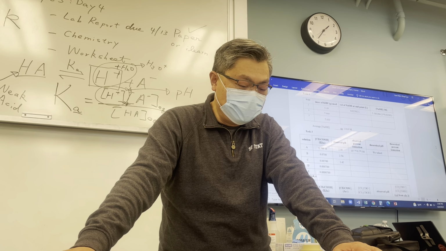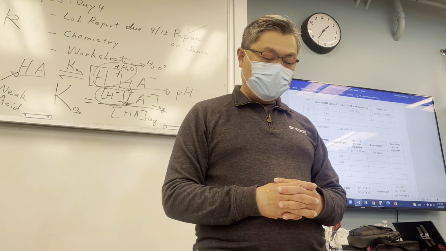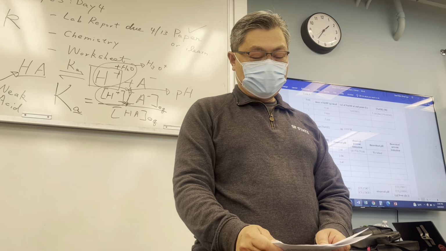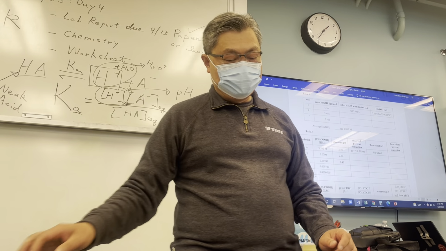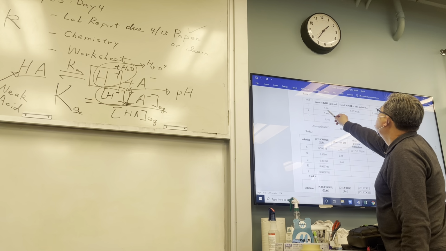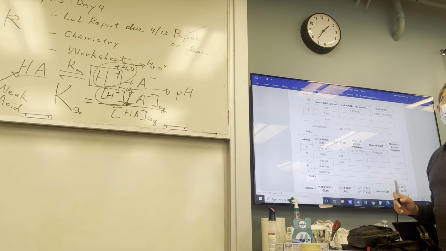We use 500 mL of solution, half of a liter, so therefore we use 5.1 grams of KHP. So this is an example.